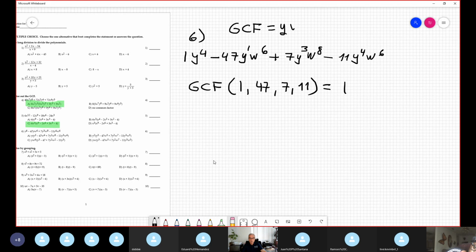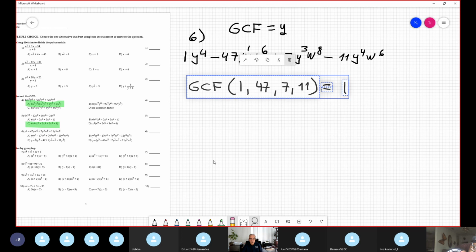And w: we have no common w, because the first term has no w. So the only GCF in our problem is y. Now the GCF is y, only 1 y, and you factor it out.